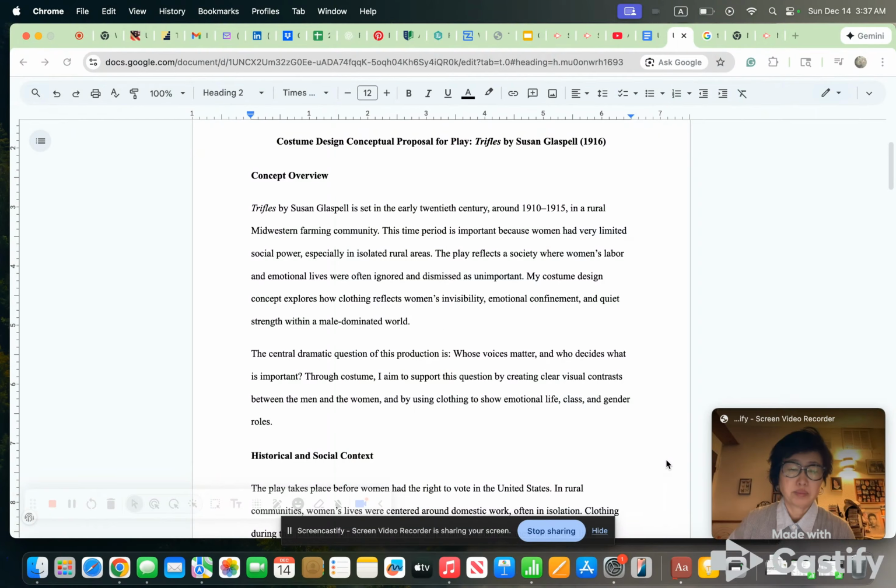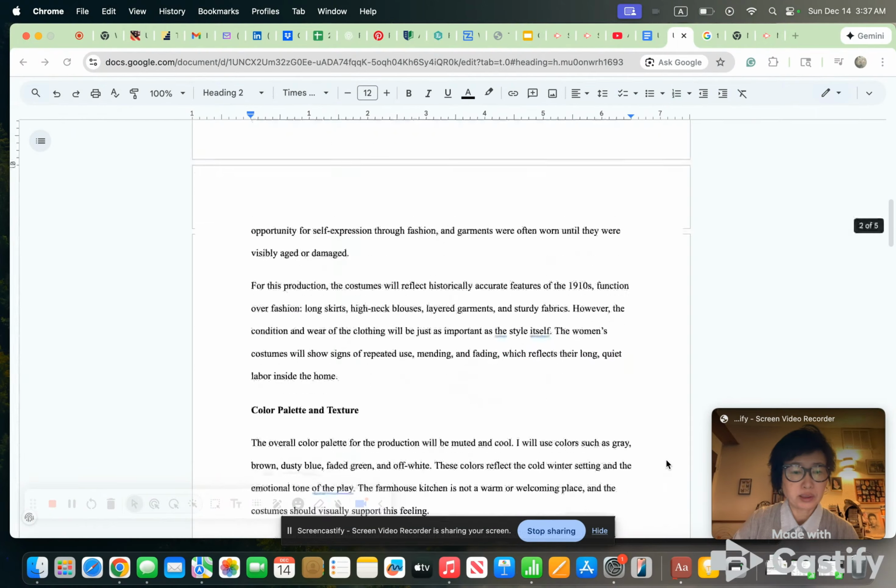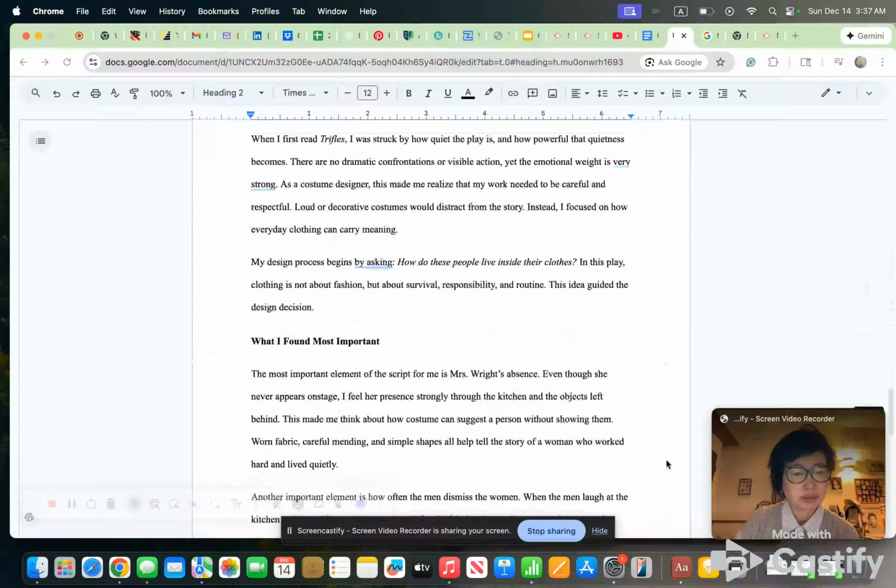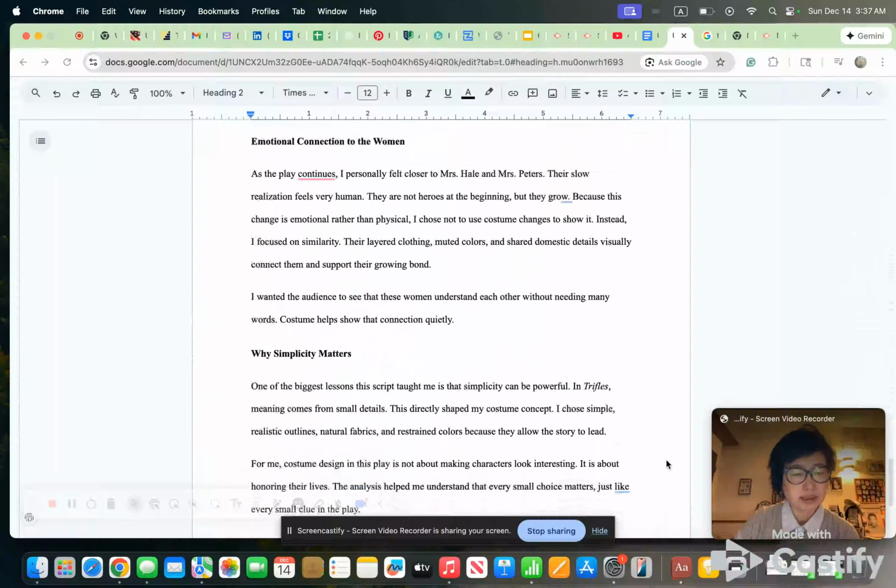When I first read Trifles, I was struck by how quiet the play is and how much meaning exists in silence and small details.